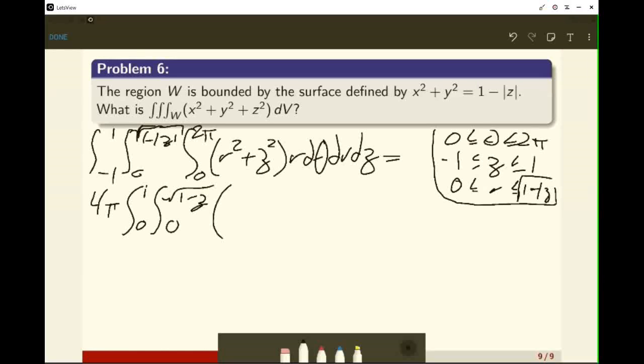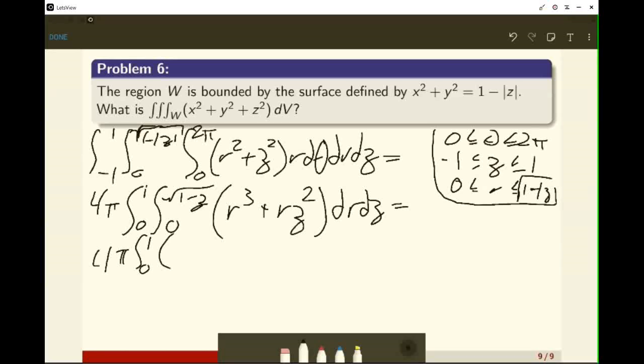And then here I'm going to multiply out what we've got. So we've got an r cubed plus an r z squared dr dz. And then here we've got our polynomial. We can carry over the factor of 4 pi, 0 to 1.